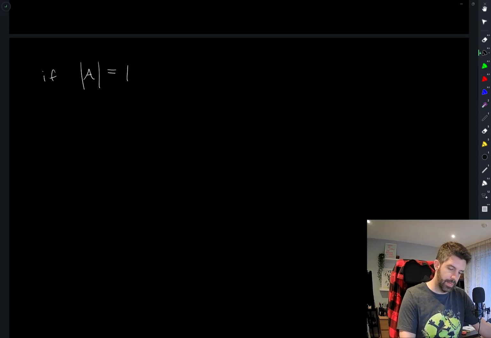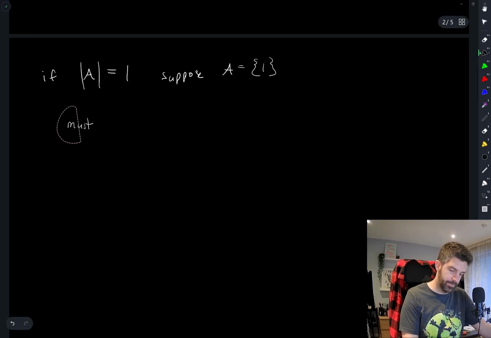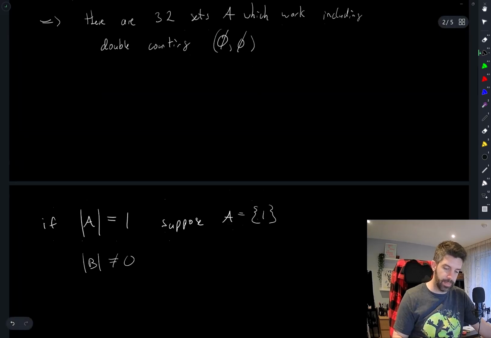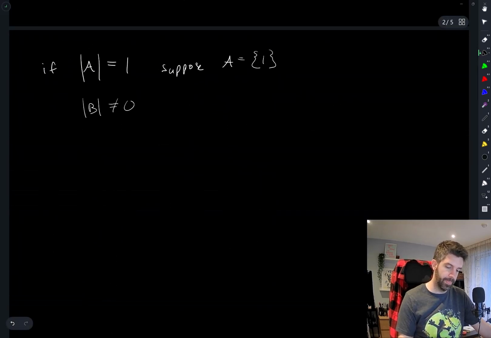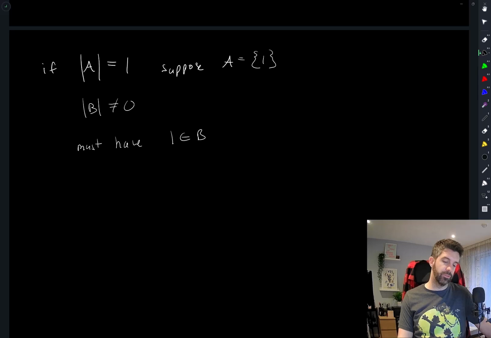Let's suppose A is the singleton {1}. Let's also suppose the cardinality of B is not equal to 0, because that case is already covered up here. We must have 1 as an element of B, otherwise the intersection has cardinality 0.